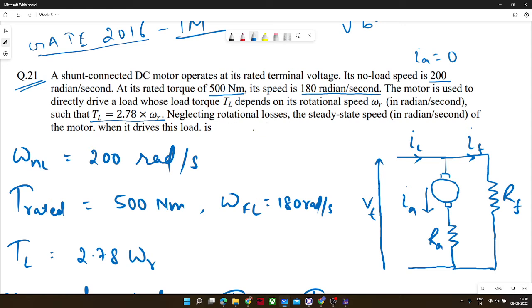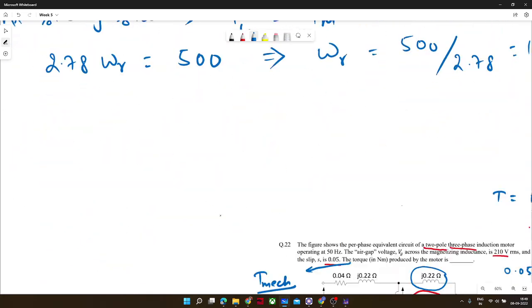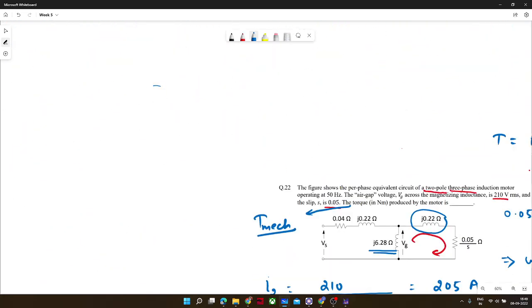Now we have to calculate, at steady state, what will be the speed of this motor when it is driving this kind of load, and the load characteristic is 2.78 into omega. Generally some motor is connected with some drive, connected by the shaft. It is driving some load.